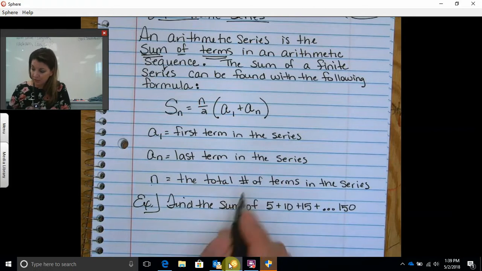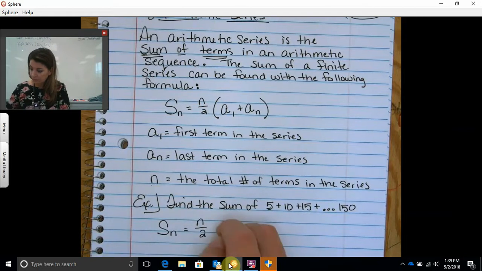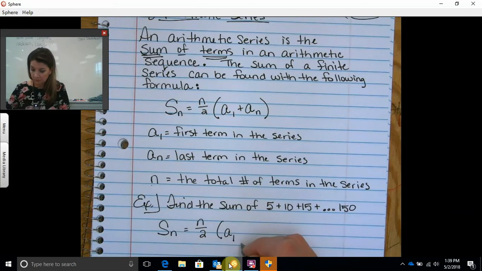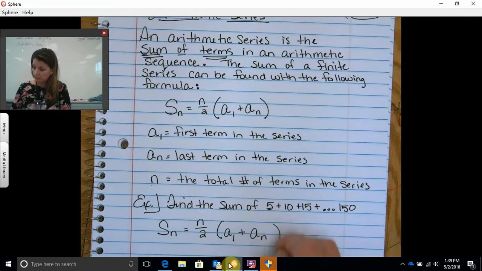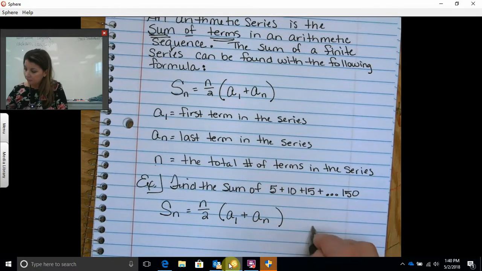So you take your formula. In this case, a sub 1 is what?